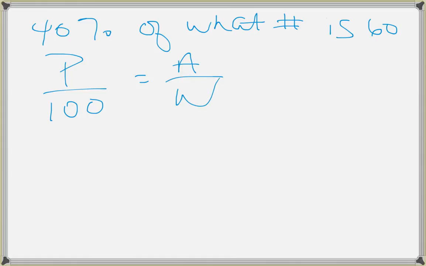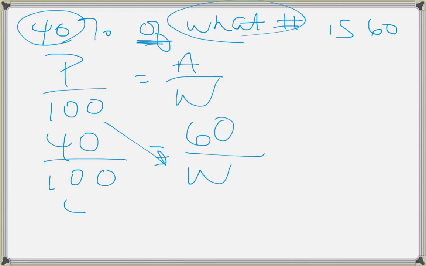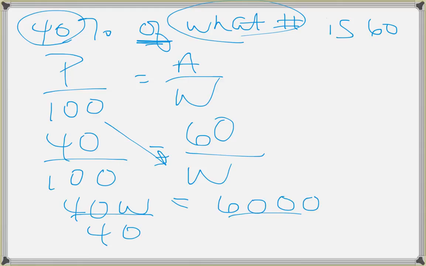We need to find our numbers that go in there. 40% is going to be my P. Find the word of. That's going to be your whole. We don't know what that is, so we leave it. And then there's your 60. So 40 times W equals 100 times 60, divide by 40. Take out my trusty calculator, so 6,000 divided by 40 comes out to 150. So that would be my answer on that one.